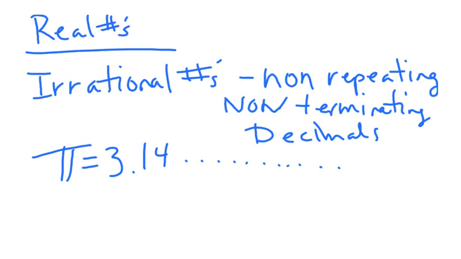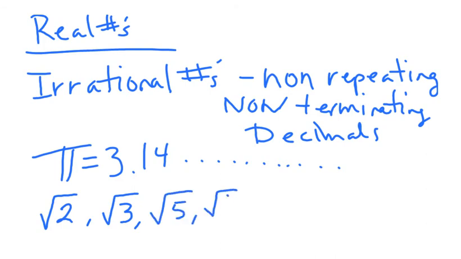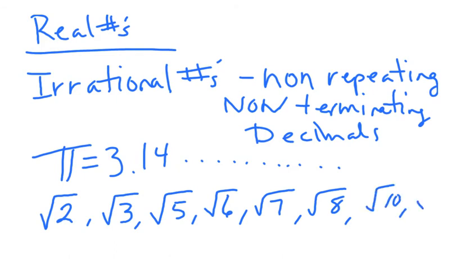The other numbers that we know about that are irrational are all square roots of numbers that aren't perfect squares. So that means the square root of 2, the square root of 3, the square root of 5, the square root of 6, the square root of 7, the square root of 8, the square root of 10, the square root of 11, and so on and so forth.